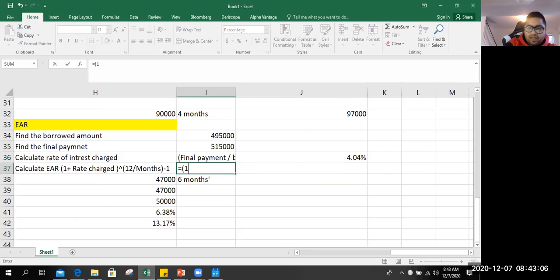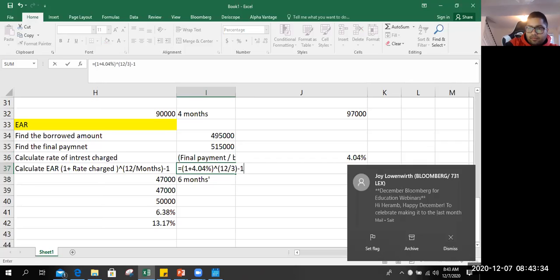How to do that? 1 plus 4.04% to the power 12, the number of months in a year, divided by 3, because you're borrowing for 3 months, and minus 1.